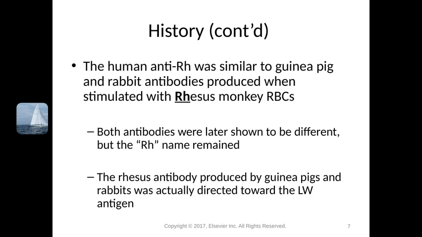Both antibodies were later identified as different, but they just kept the Rh, which is like the first time in science that they didn't name something after a scientist. When we investigated the rhesus antibody further, it ended up being directed towards the LW antigen, or the LW family.